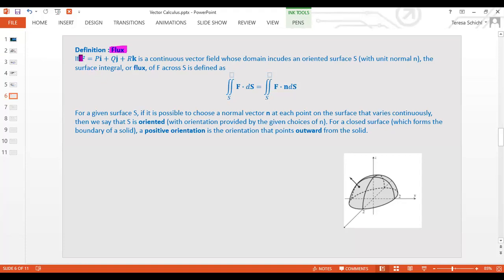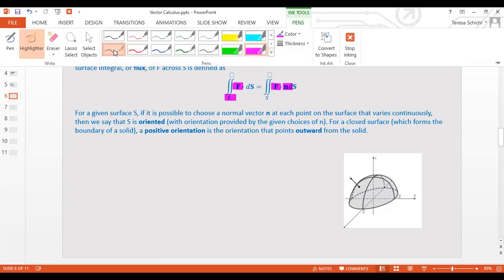If F is a continuous vector field whose domain includes an oriented surface S, then the surface integral of this vector field is, in the physics application, defined as the flux. We compute it as the vector field dotted with the normal vector.